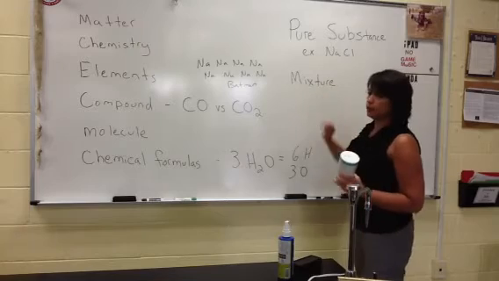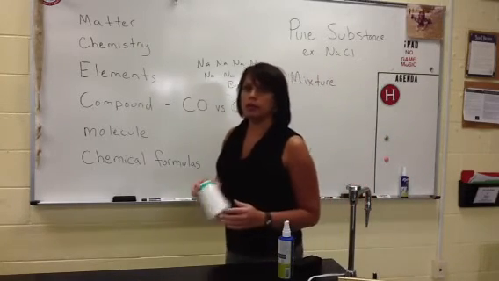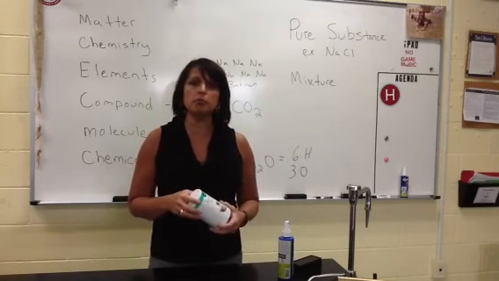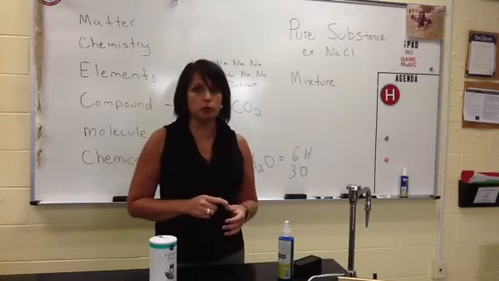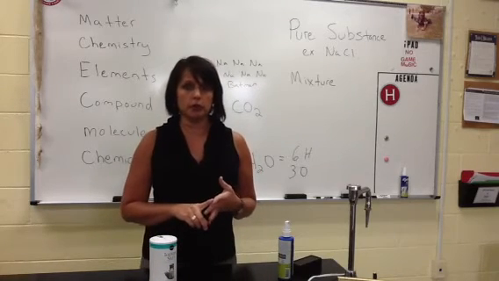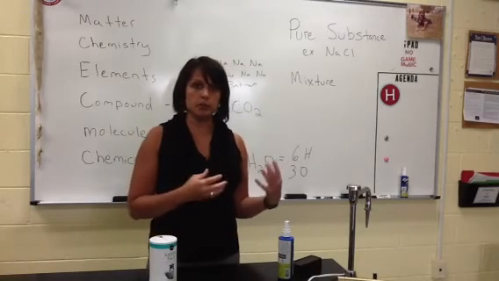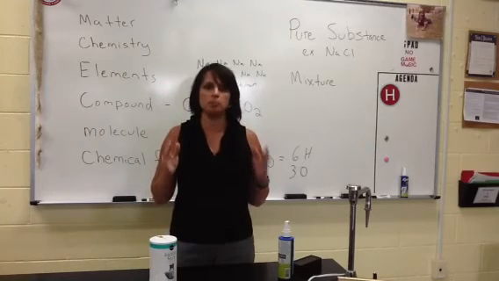The next thing we have is a mixture. Mixtures are a combination of materials together that can be broken down by physical means. So, for example, you could boil the water away, you could use a filter. There are physical ways of breaking these mixtures down. A good example of a mixture, when I think of mixtures, is mud.